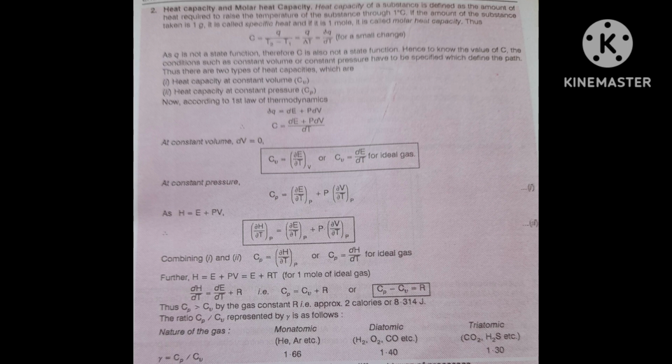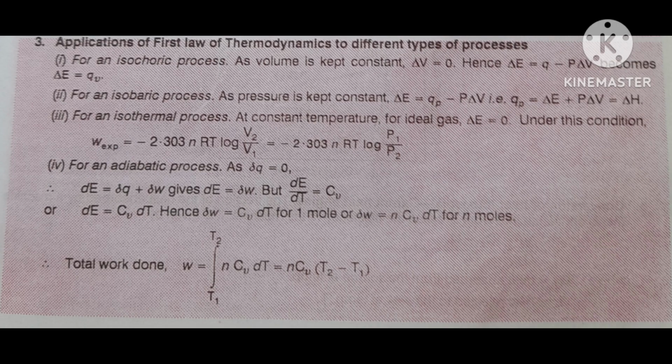And third, that is the isothermal process. Here temperature will be constant. At constant temperature for an ideal gas, what will happen? Because temperature is constant, there will be no change in temperature, then delta E value will be 0.